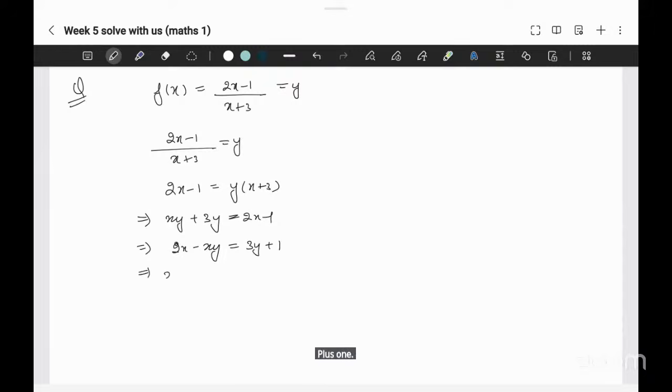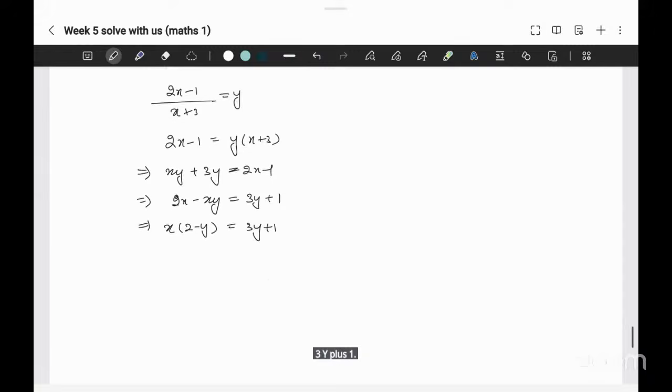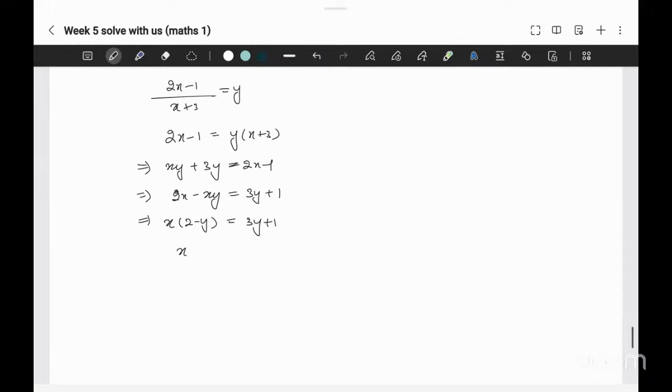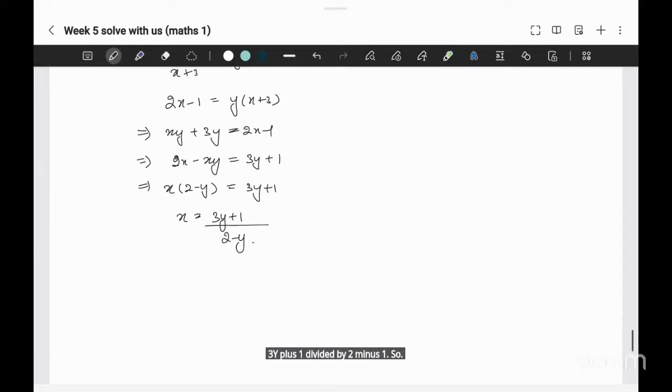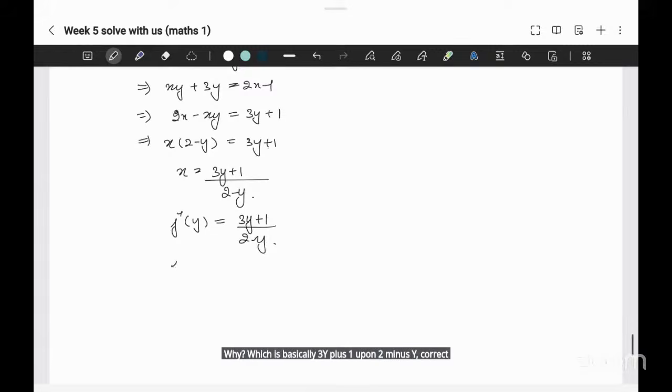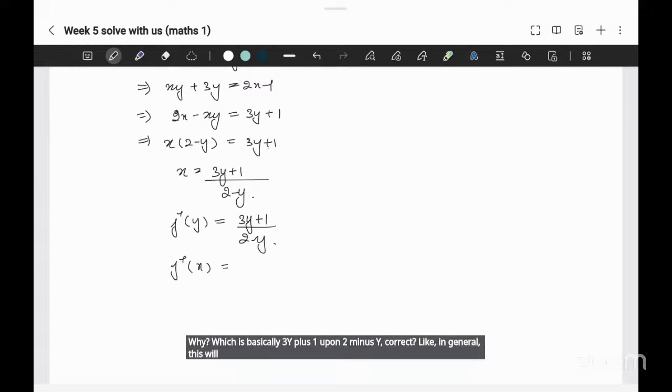So this will be x times (2 minus y) equals 3y plus 1. So x will be (3y plus 1) divided by (2 minus y). So this is my f inverse of y, which is basically (3y plus 1) upon (2 minus y), correct? In general, f inverse of x will be (3x plus 1) upon (2 minus x).